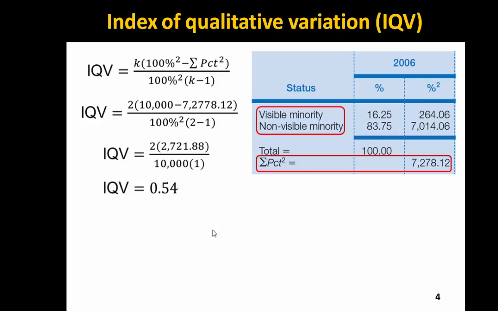0.54. So when performing this calculation, the first thing to identify is whether your final answer is between 0 and 1.0. If your final answer is greater than 1, or is perhaps a negative value, then there was a calculation error.